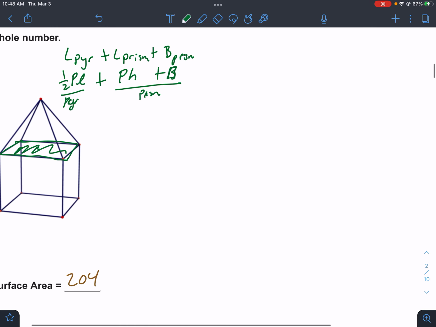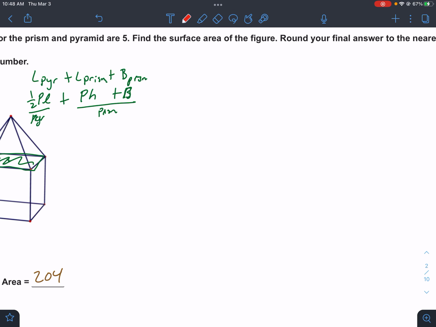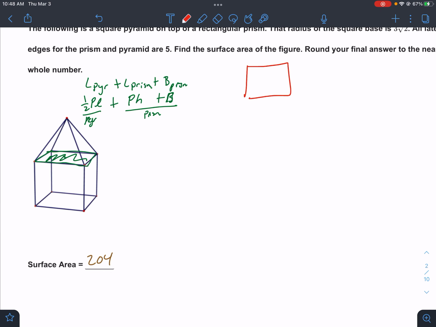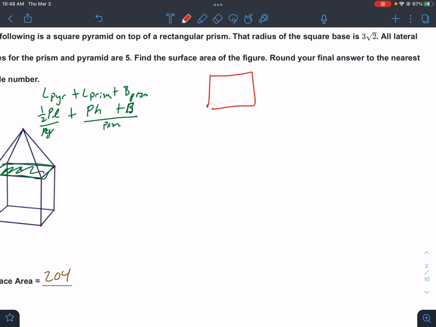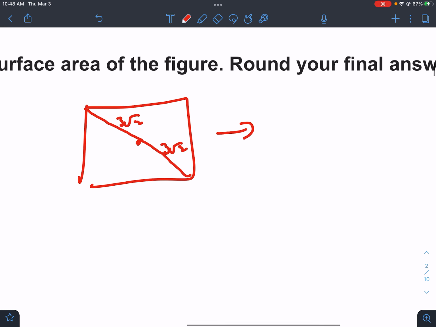All right. So let's execute that. Well, I'm going to start by drawing the base. The base is a square that has a radius of 3 root 2. So if that is 3 root 2, then the whole thing would be 6 root 2.